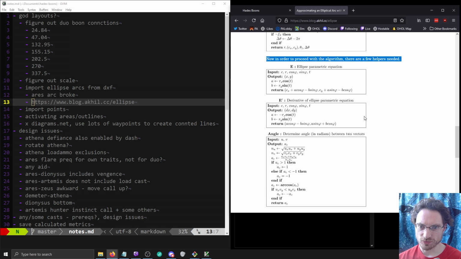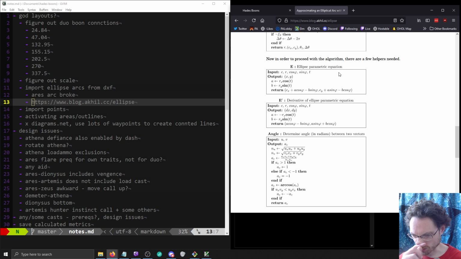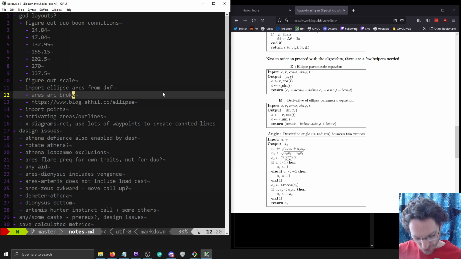All right, so they have a few, and I guess we're probably going to want these, and then we'll have to decide if we want to end up putting these in geometry or what, because this is like an ellipse parametric equation. That is a geometric thing. I don't know how useful it is.